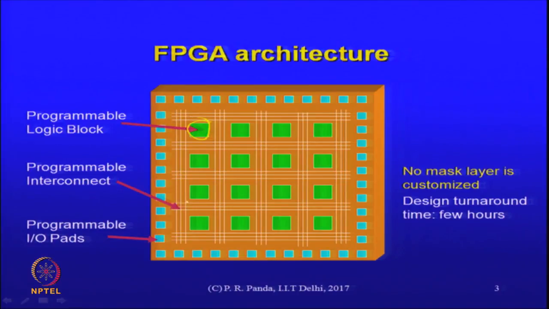That interconnect could be programmed to realize different connectivities, and finally, that IO pad could also be programmed into an input or output and so on. So, there are a lot of things that can be customized in there. So, ultimately you have a chip that can be customized to do very different things.